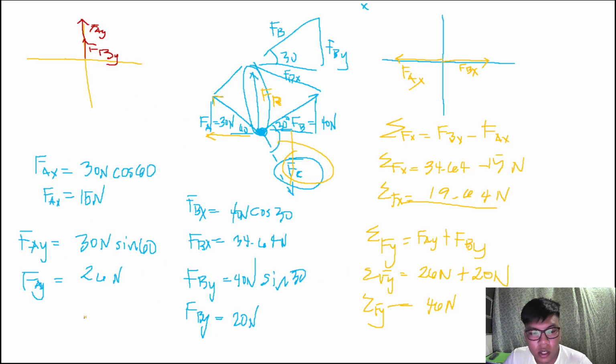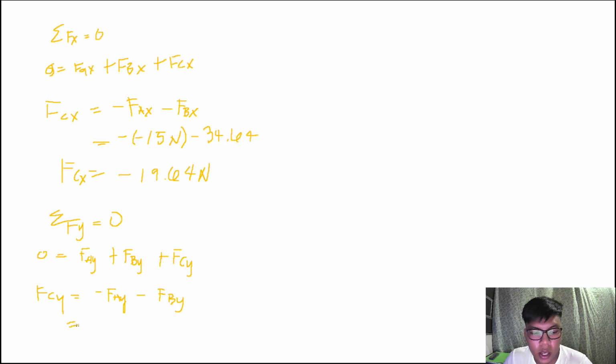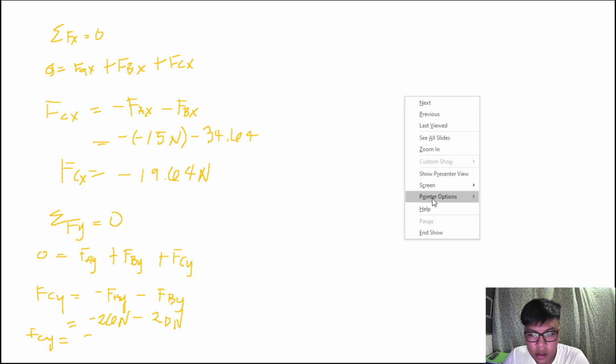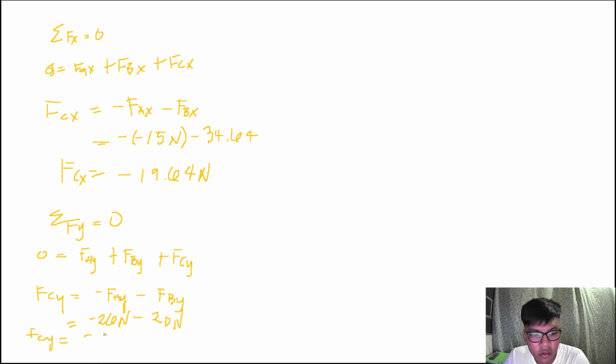So ano yung mga values natin? F sub AY is 26 and F sub BY is 20. We have negative 26 and minus 20 N. Tama ba? Hindi ba nagkapalit? Okay, tama. So we have F sub CY is equal to negative 46 N. So kung napapansin, nabubuo na, no? 46 N. Parehas lang tayo nung nakuha natin saan?